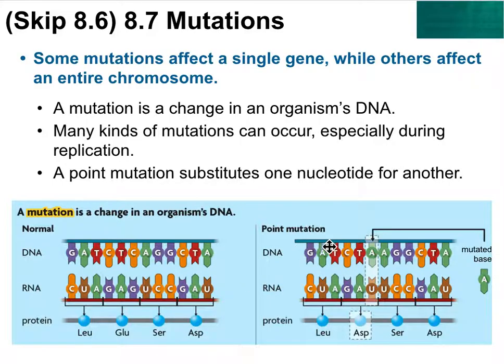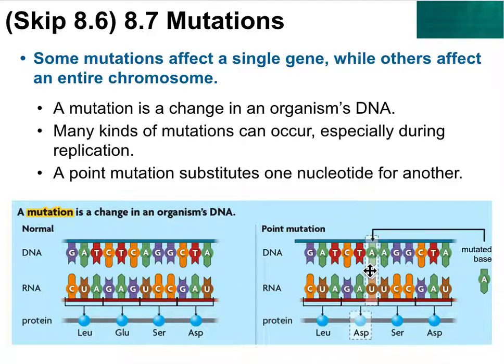Well, let's say there's a mutation in just one spot. So here, it was GATCTC. Over here it's GATCTA. So this is the mutated base. So for whatever reason, this has come into play. Well, the RNA that is transcribed off of that DNA is going to also be different.